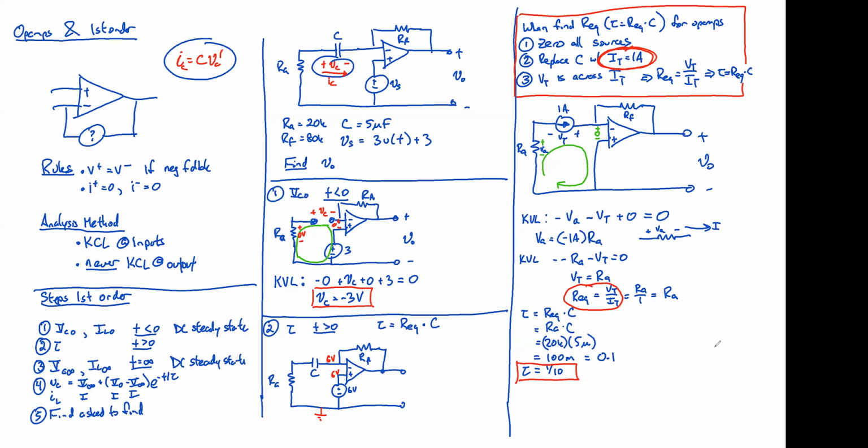Normally I would just keep it 100 M. But it's nice to write it 1/10 because at some point I'm going to be writing T over tau, and instead of writing T over 100 M, which is correct, it's a whole lot easier writing T over 1/10, which is 10T. That's why I'm writing it in that odd way. This is the hardest part we just did, finding tau, because it requires us to use test sources.